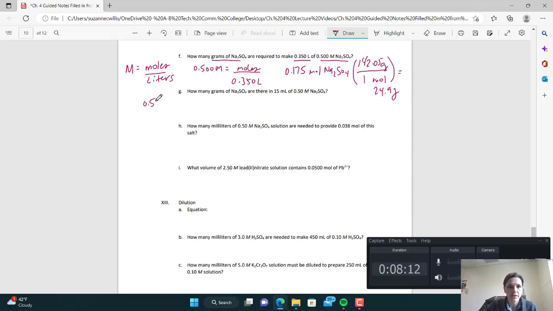So here we have molarity. Don't forget to change to liters for the equation.